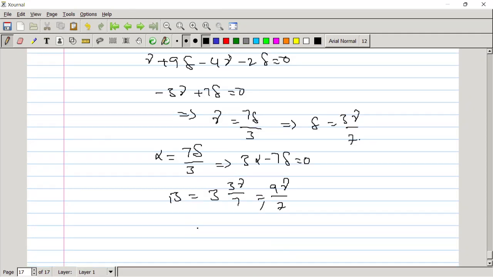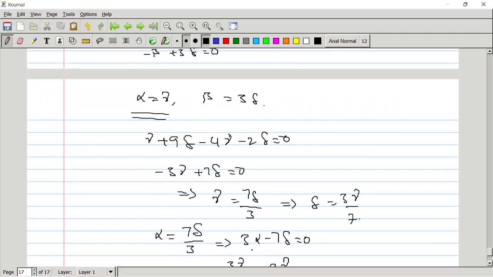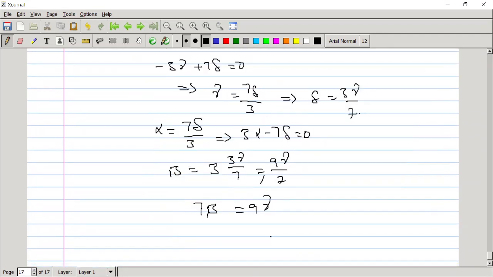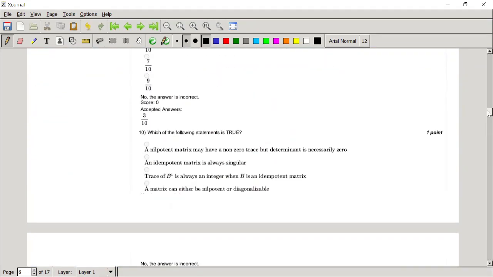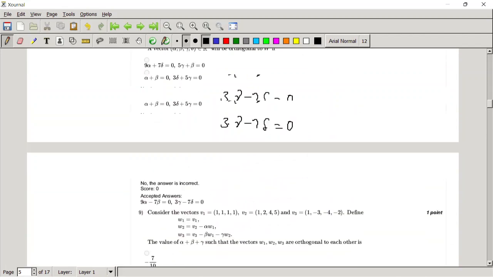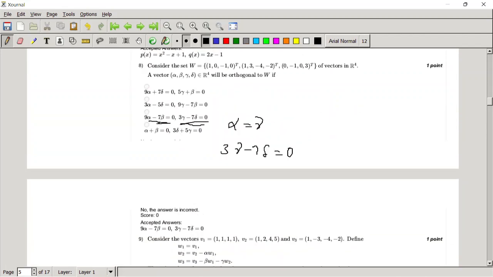That means 7 beta equal to 9 gamma. We have that gamma equal to alpha, so from that we can say 7 beta minus 9 alpha equal to 0. Of course, for gamma it is also equal, but to check the options I'm just replacing that with alpha. So this is the correct option.